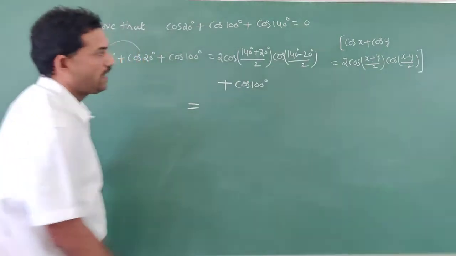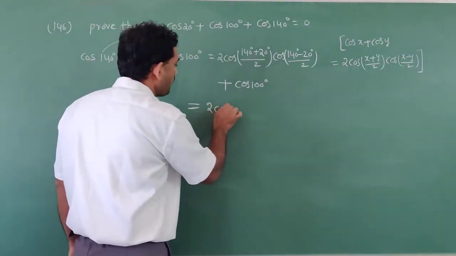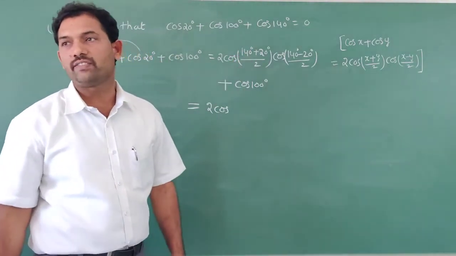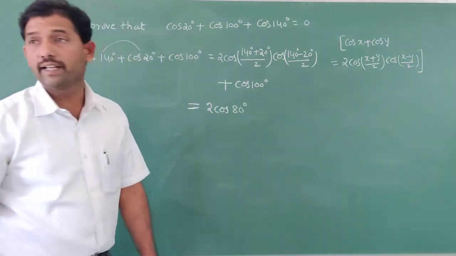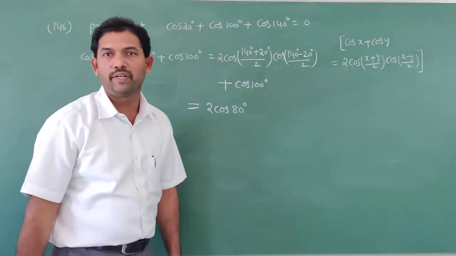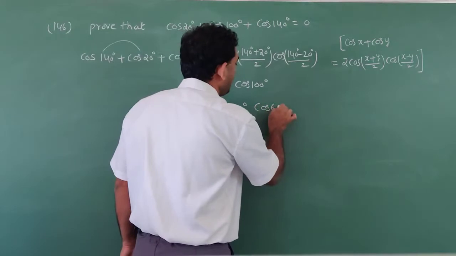Now simplify. 140 plus 20 is 160, divided by 2 means 80 degrees. Next 140 minus 20 is 120, divided by 2 means cos 60 degrees.